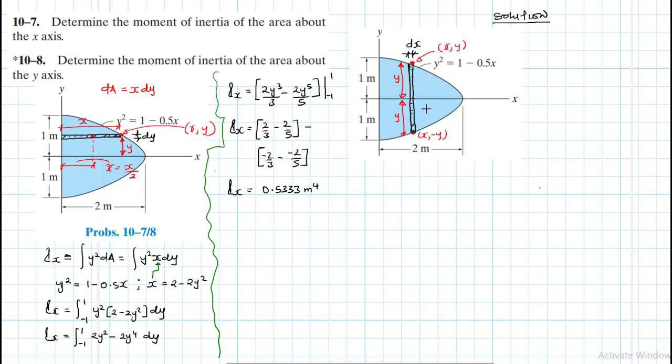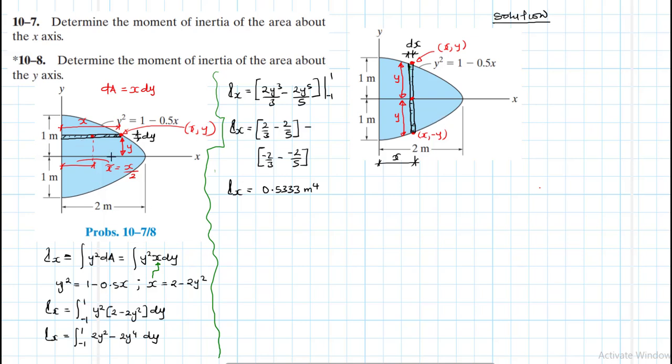And then we have the location of this in the x direction, which is just x. Of course, the centroid of this is just here. This is the centroid along the x-axis, which is just x.